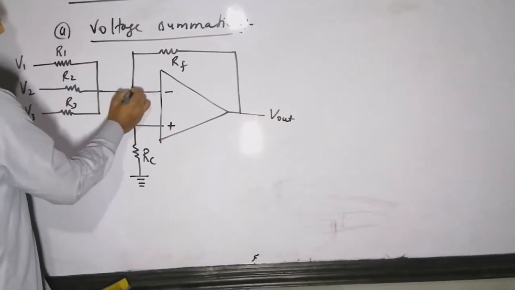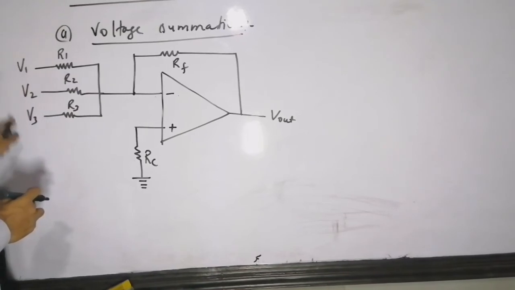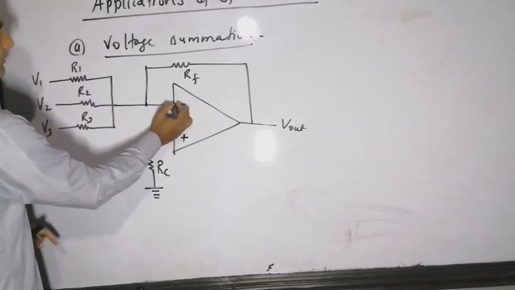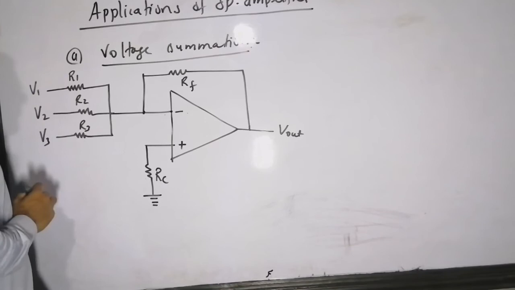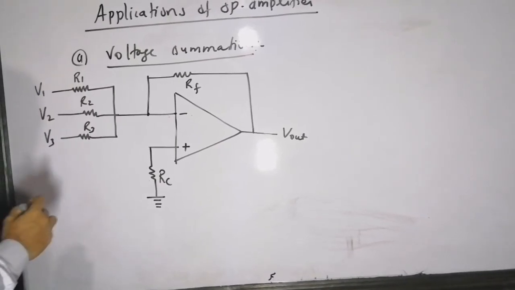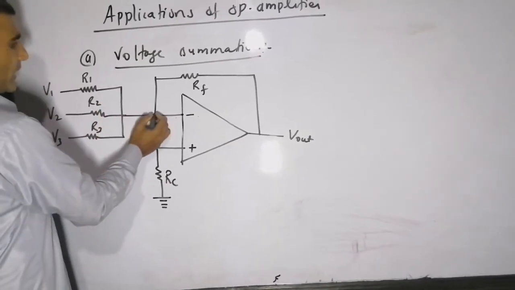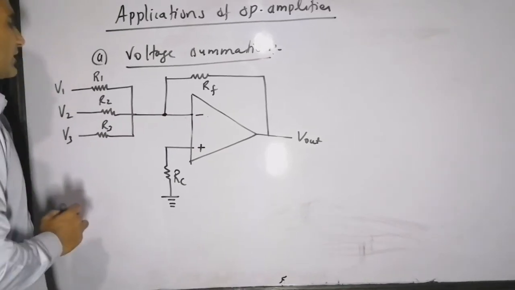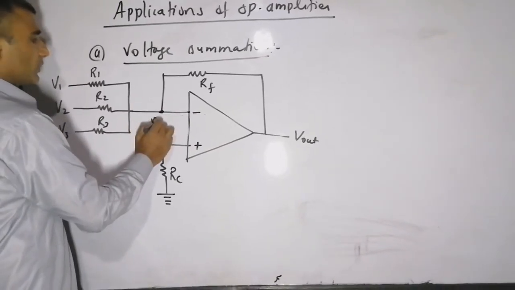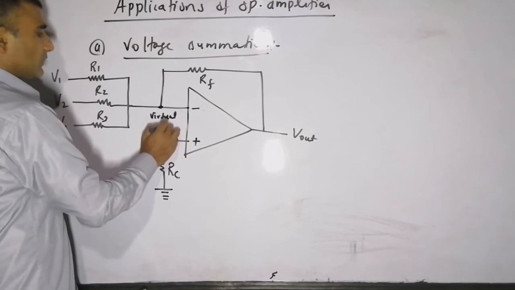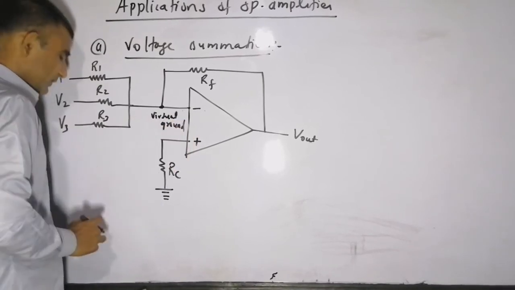In this case the three inputs V1, V2, V3 are applied through the same inverting terminal. We already have the concept that this point acts as a virtual ground. Actually it is not ground but acts like a ground.